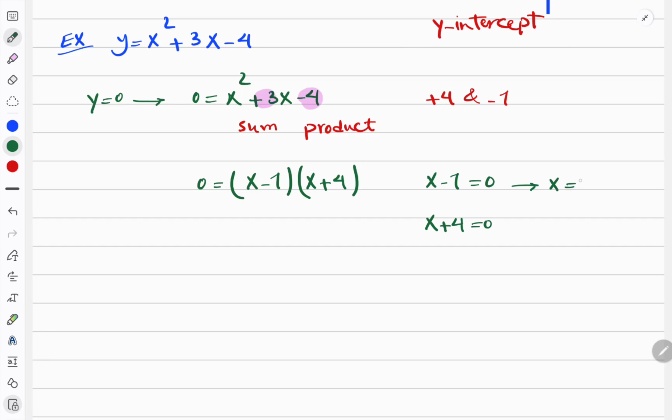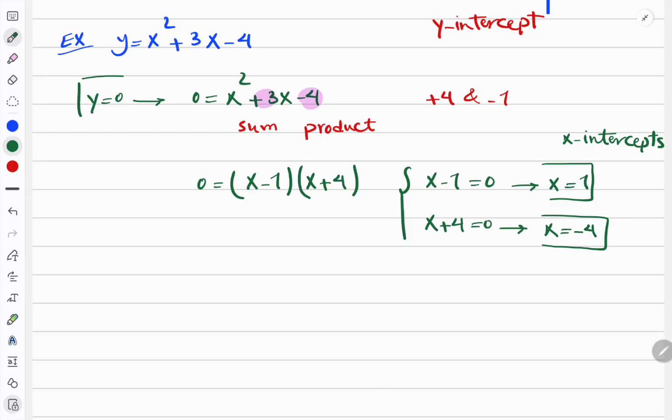So x is +1 and x is -4. So we have two solutions and two x-intercepts. Two points lie on the x-axis.